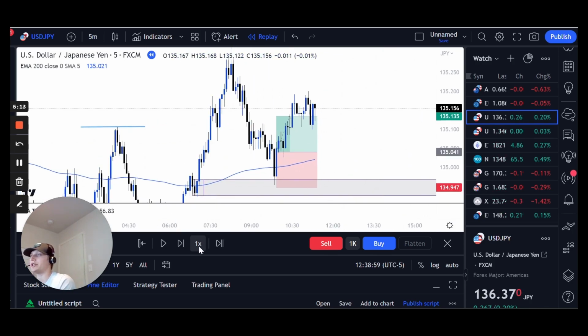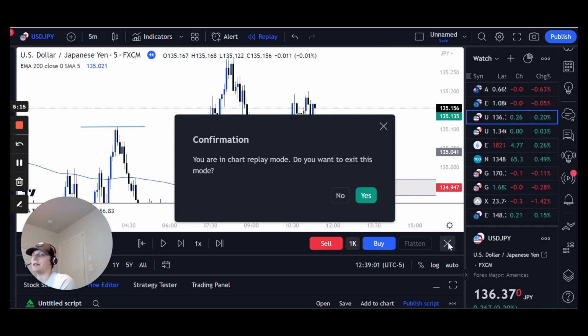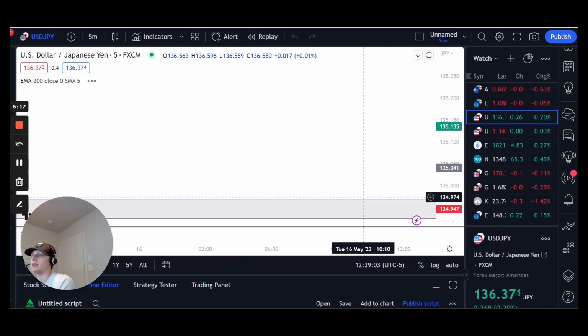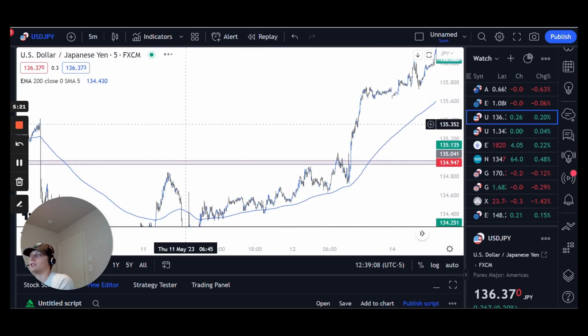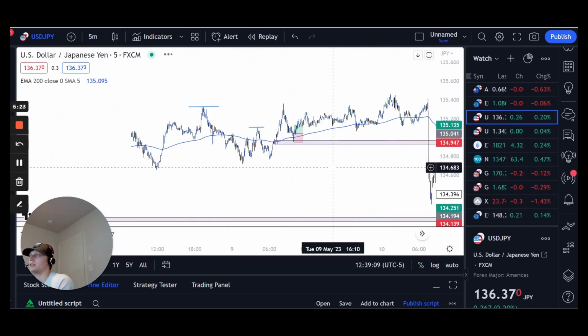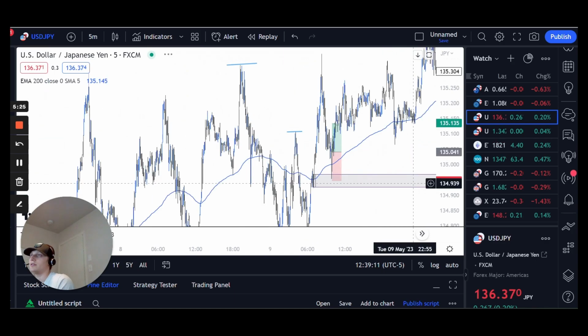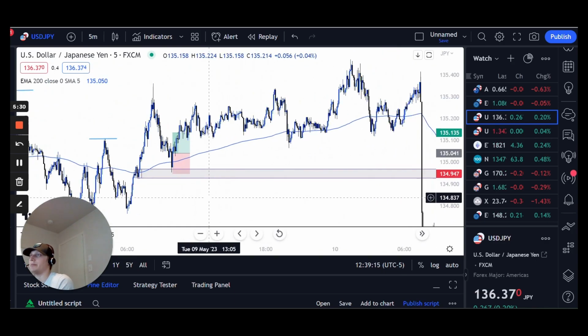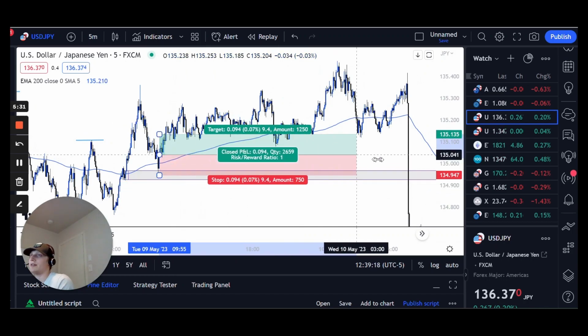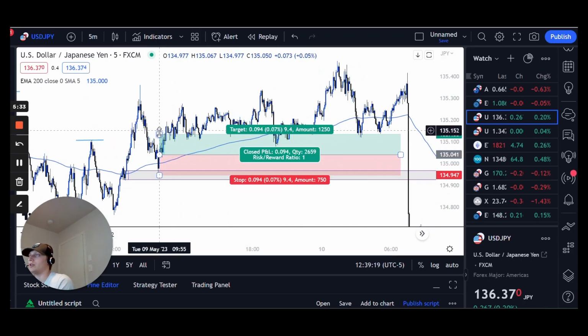And I believe on this trade I got out right there, but if I exit this replay mode, let's see, this was a while back, so let me go back to it real quick. So if you look at this, this is still the 5-minute time frame. This trade played out for this long.